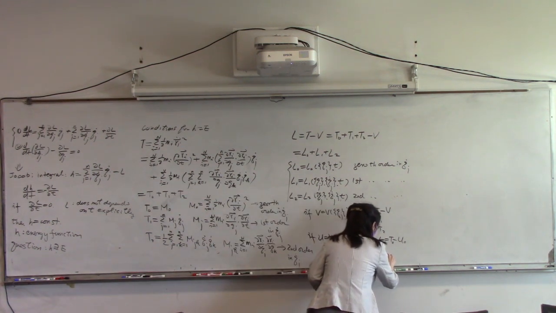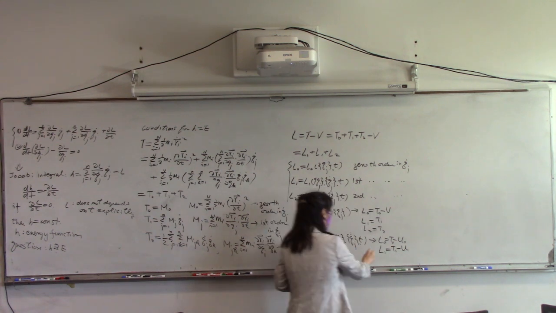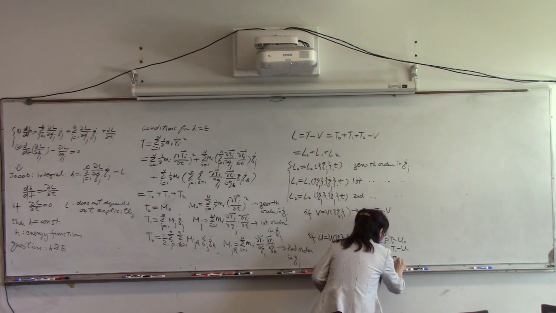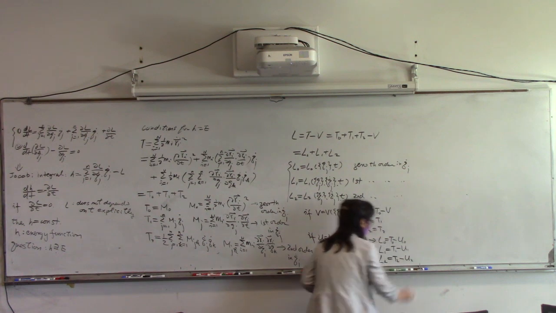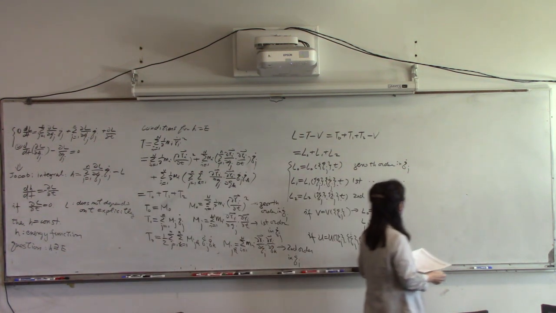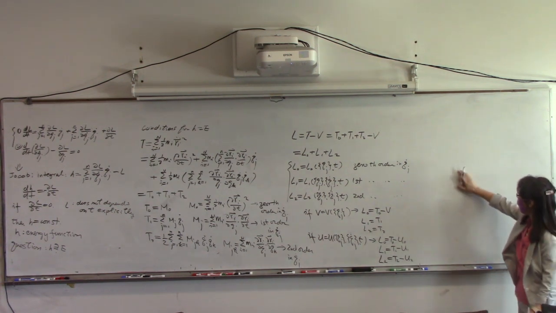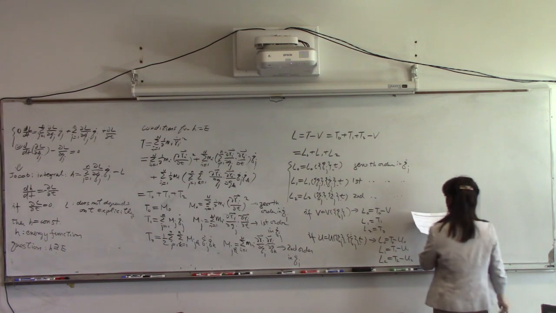So L1 in general is T1 minus U1. We do not know the formula for U1, but assume in general L2 is T2 minus U2. Now we almost reached the condition, but we need to apply the Euler theorem.